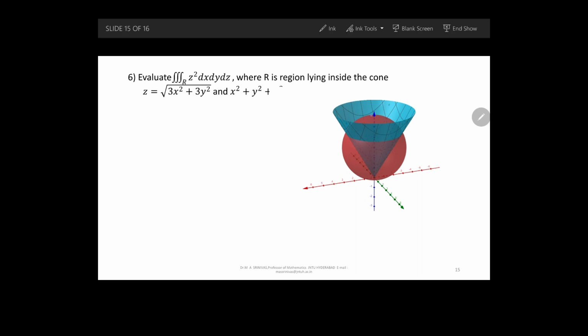Evaluate the triple integral over R, a region which he has given, lying inside the cone and the sphere x square plus y square plus z square is equal to 6z. This is not printed, so I'll write it here.